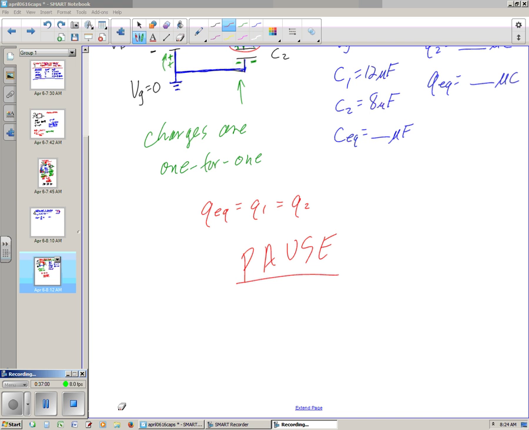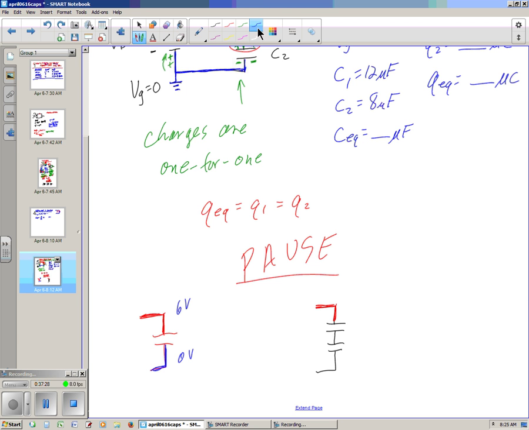In these problems, we've seen a situation where we have a capacitor, and we had a different voltage on the top than on the bottom. So, for example, on one we had 6 volts up here, we had 0 volts here. In this double capacitor problem, we have the following, and I colored in the top wire red, I colored the bottom blue, and I colored the middle one green.